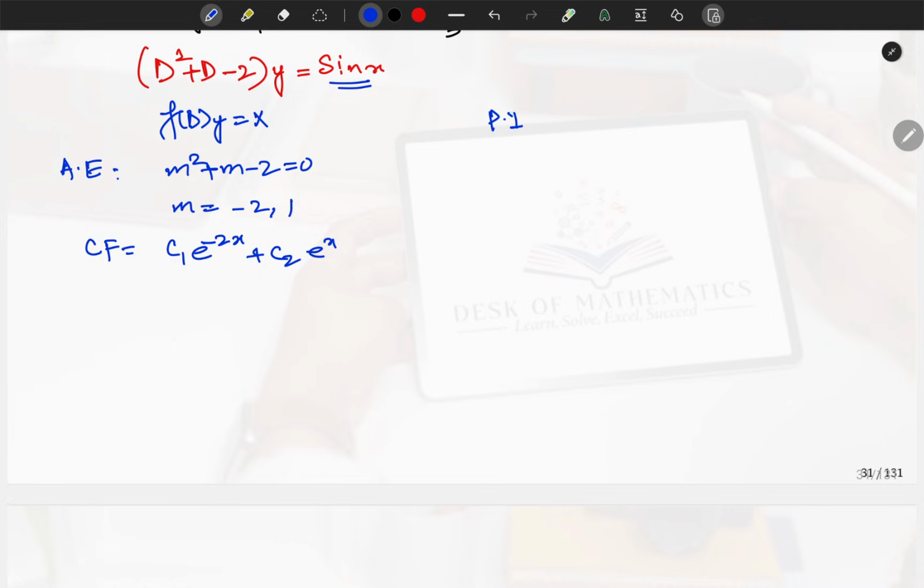Now the particular integral, that is 1 by f of D of sine of x. So that is 1 by D squared plus D minus 2 sine of x.